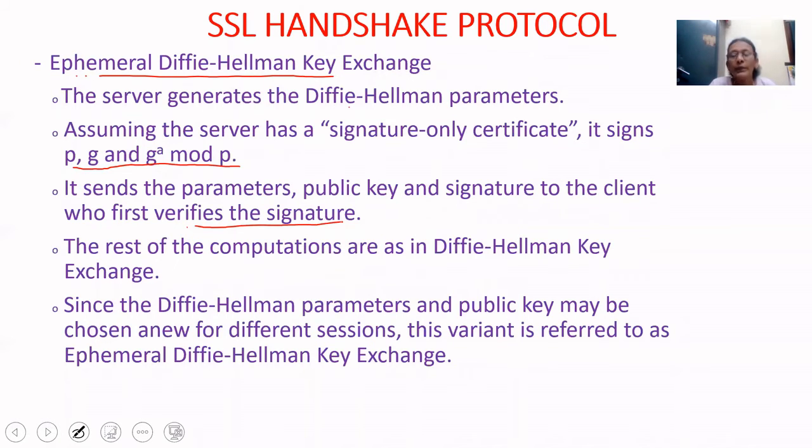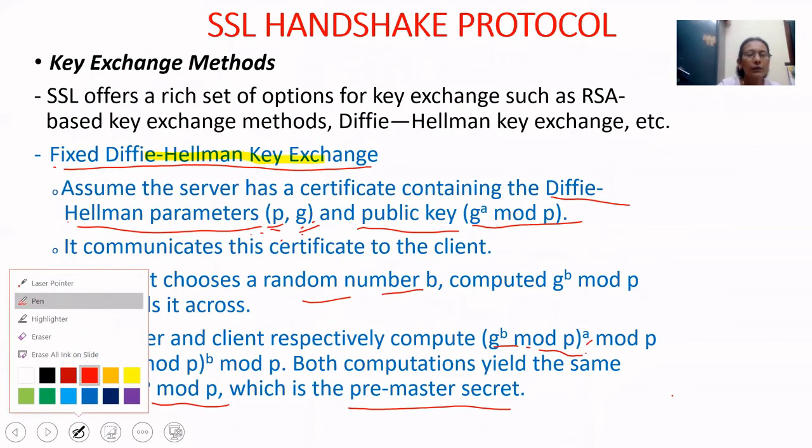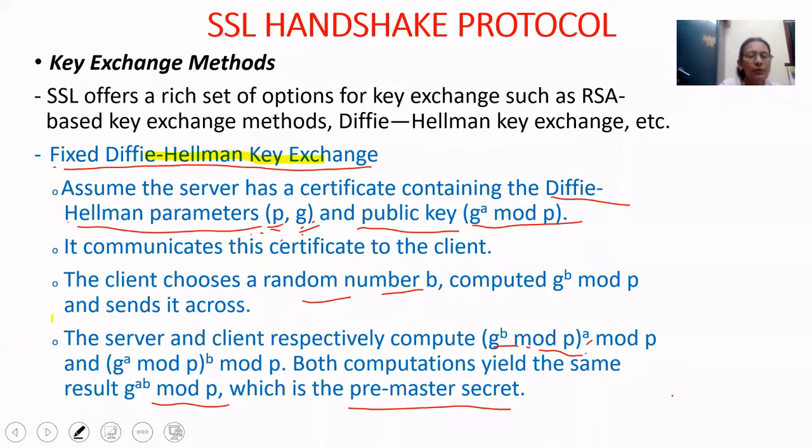So what is the difference between the fixed Diffie-Hellman key exchange method and the ephemeral Diffie-Hellman key exchange method? In the fixed Diffie-Hellman key exchange method, the Diffie-Hellman key exchange parameters are all present in the certificate.